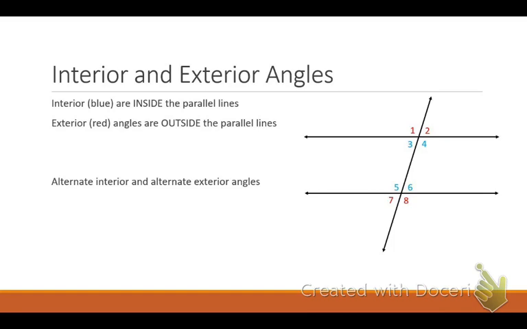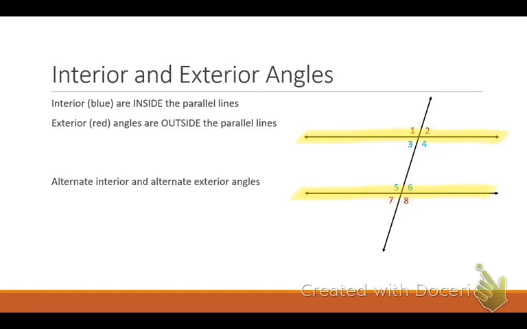Okay, so how do I know which one is interior and which one is exterior? I look at my parallel lines. You see the parallel lines here running across? If the angles are on the inside, you see how these are on the inside of the parallel lines? We call them interior angles.